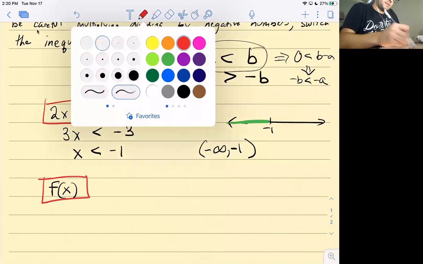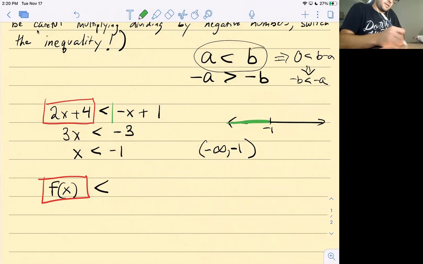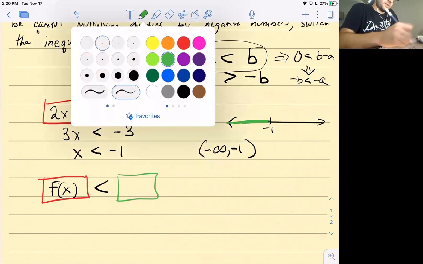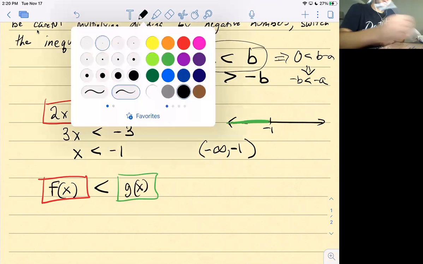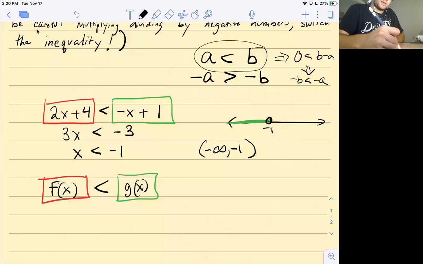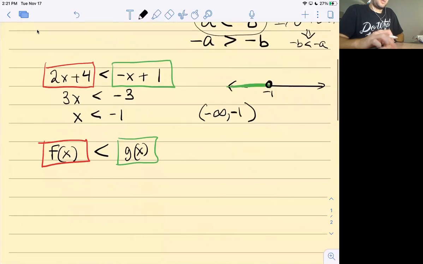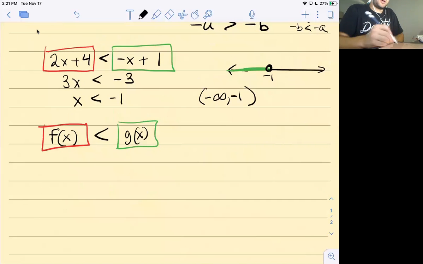Has to be less than g of x, which I'll write in here. And that's right, it'll be an open circle there. Yes, good comment. So it'll be an open circle right here. Good. So if you do f of x less than g of x, well, first you have to graph what each of these are.